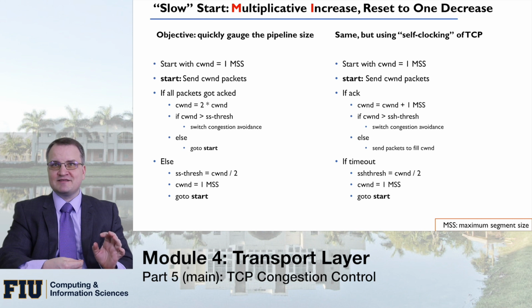You can try to do some math about this one, but the logic is very simple for the slow start. Every time you receive an acknowledgement, you have to increase by 1 MSS, 1 maximum segment size. The effect for the round trip time would be exactly the same.